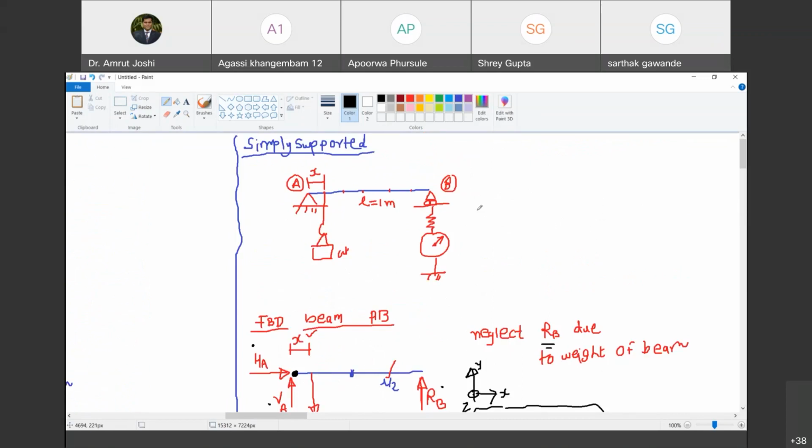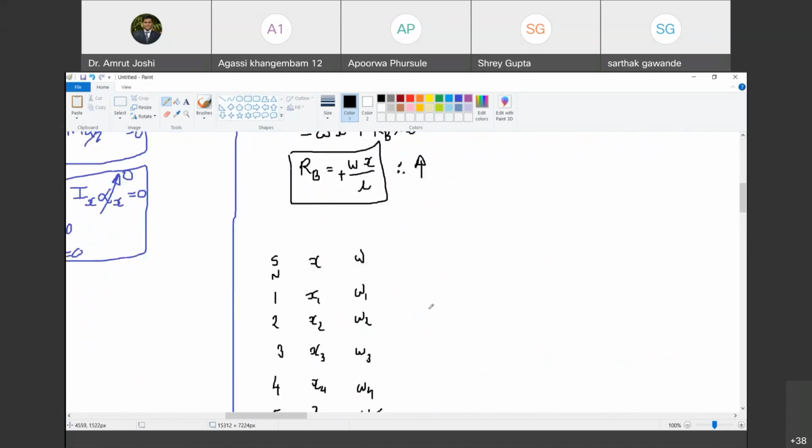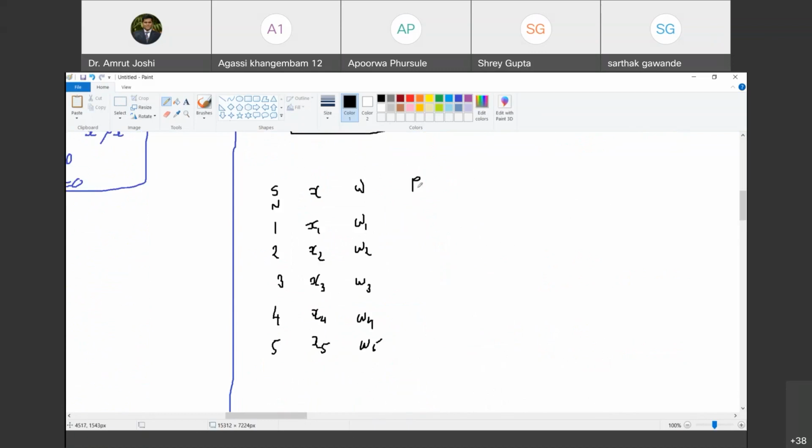Are you with me? Yes, sir. So therefore, you will have some initial reading of RB. Are you with me? Yes, sir. So I am going to call that reading RB initial, some value. I will call it RBI. Are you with me? Yes, sir.